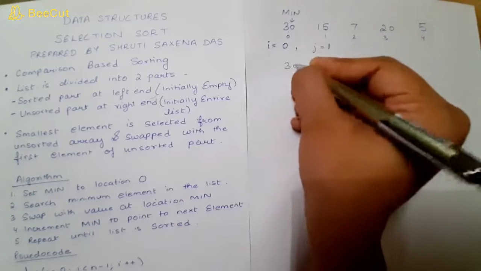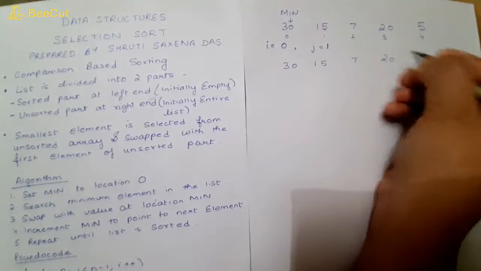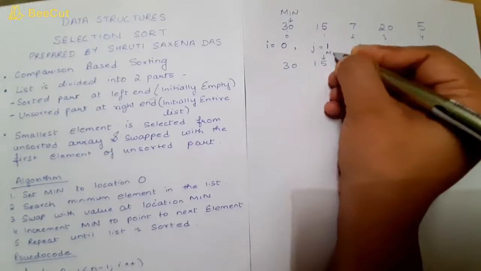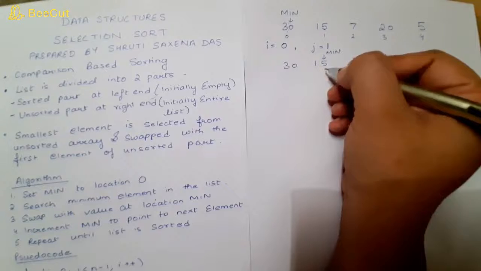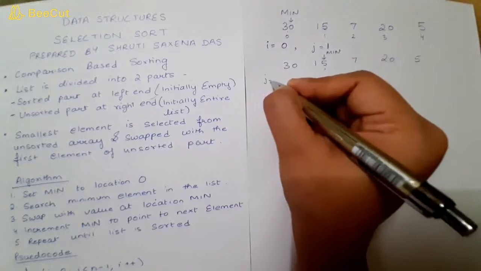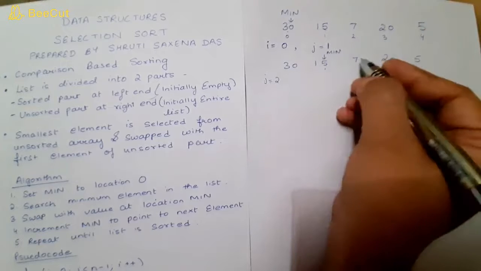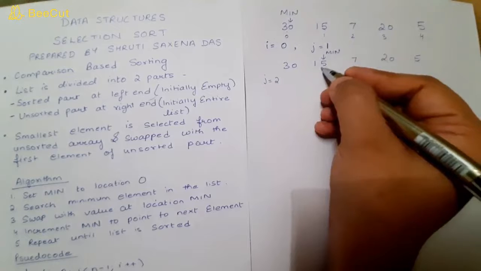So it will be like this: 30, 15, 7, 25. Now min will be equal to 1, the element at 1, which is 15. Now we'll increment the value of j. For j equals 2, j will come here and we'll compare it with the min value.